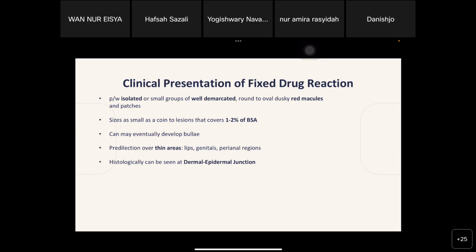As for predilection, there are certain areas where fixed drug eruption tends to erupt on the skin: thin areas such as the lips, genitals, and perianal regions. It can also happen on the trunk, abdomen, and hands, but it mostly goes for thin areas first because that is where we are prone to skin eruption.